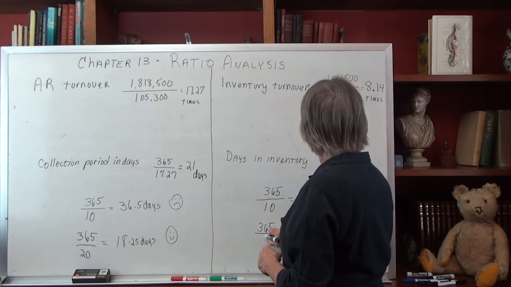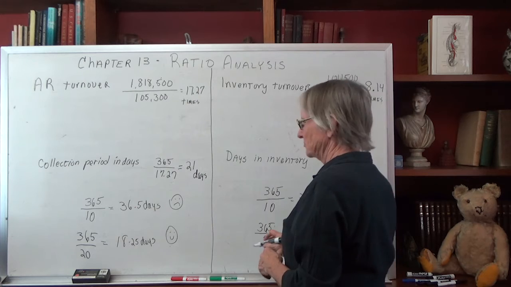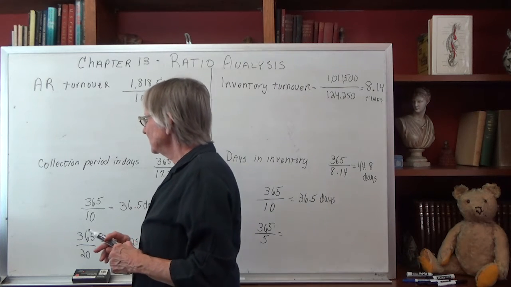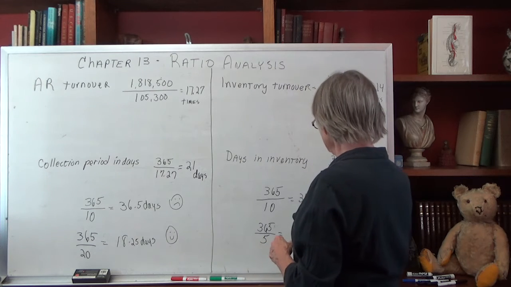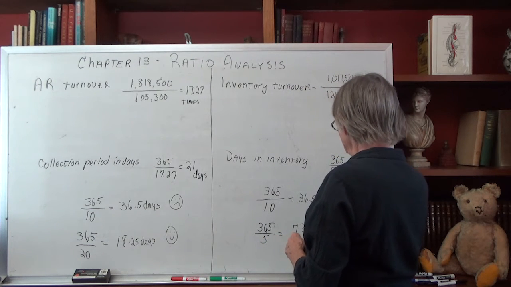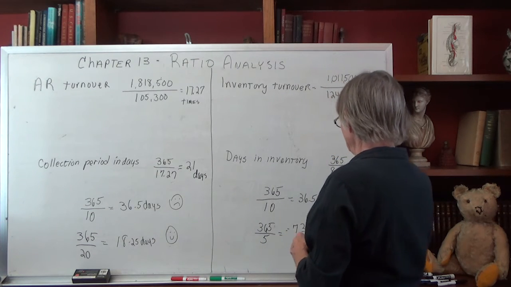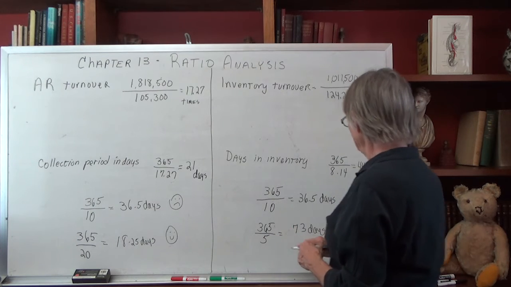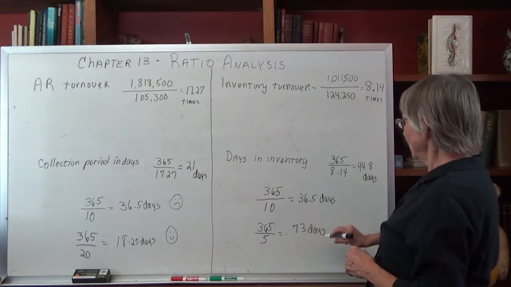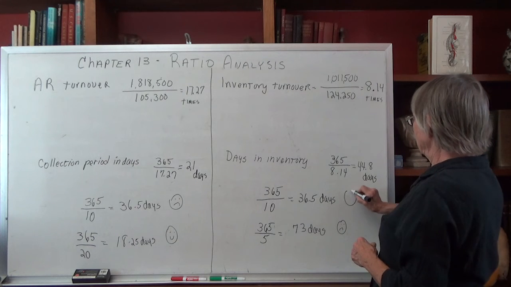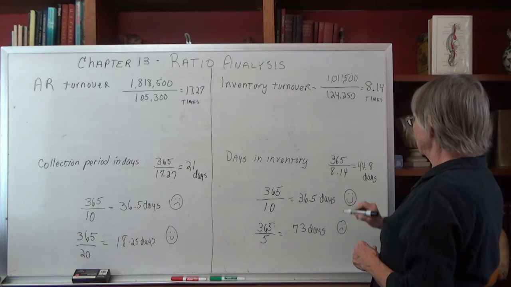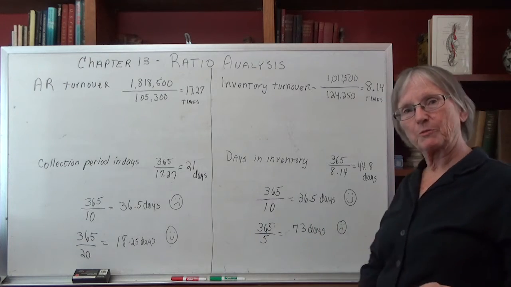Say we had 5. If we divide by 5, that would be 73 days. Now, would that be a good idea? Probably not. If we're holding it a lot longer in inventory, we'd probably be pretty sad there. And if we're selling it faster or holding it less, we'd probably be happy.